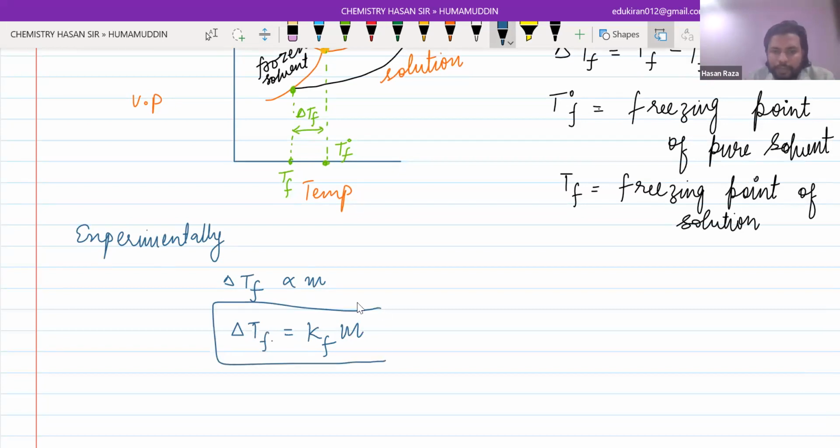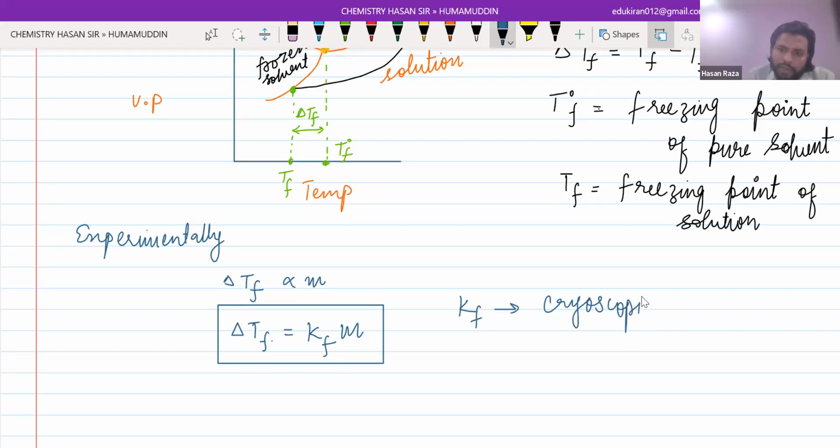Kf is the molar depression constant. This constant is also known as the cryoscopic constant, and we can call it molar depression constant.